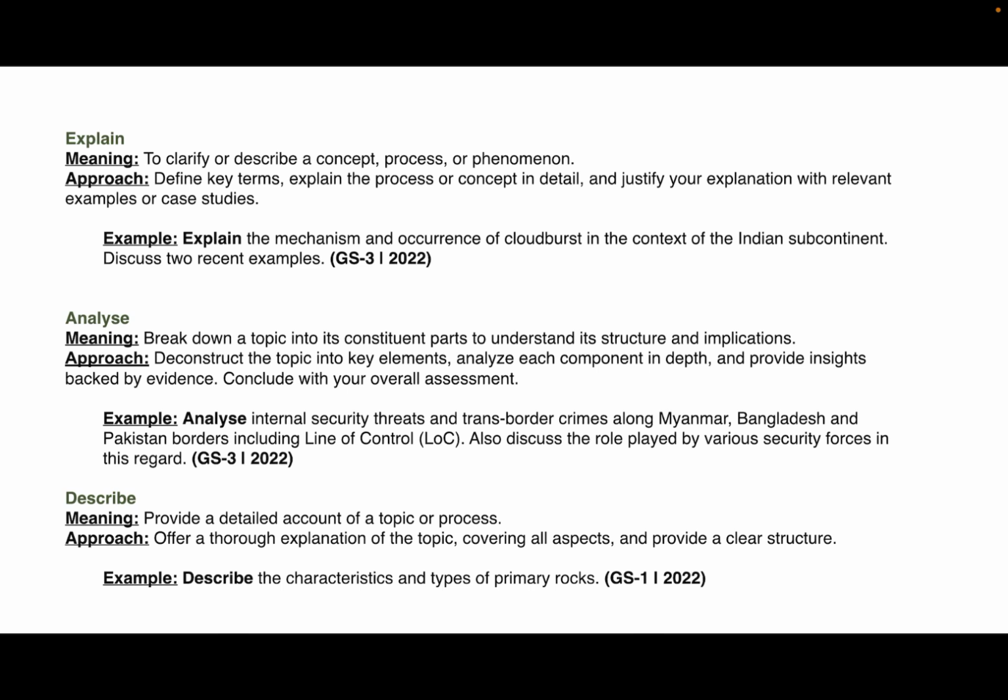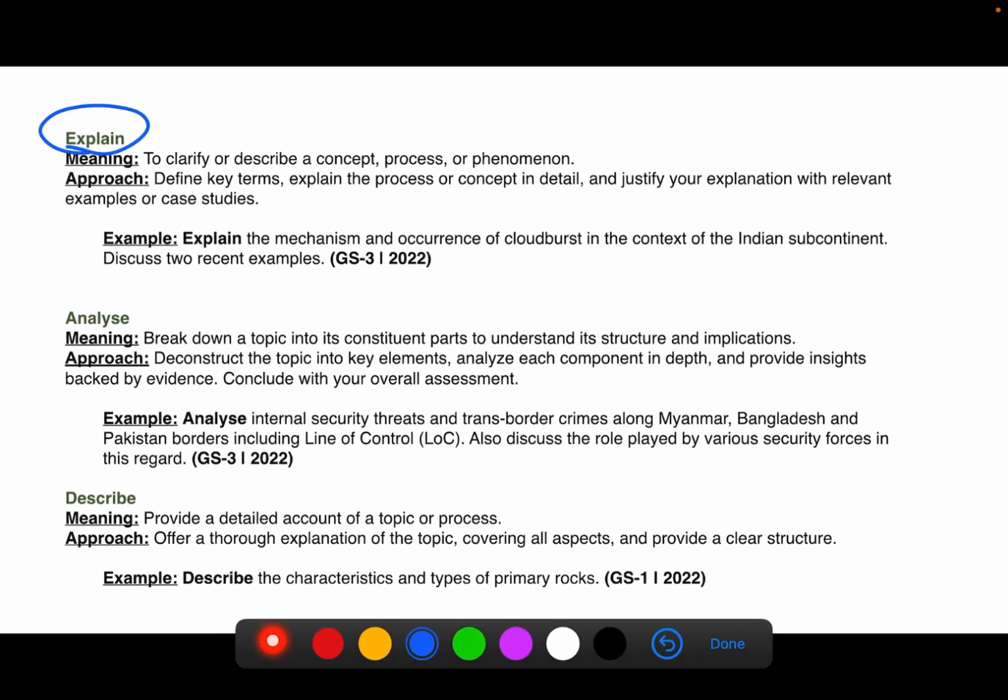Next, the third one is explain. This is also a very simple one. We need to have a logical and sequential explanation of the given question. See, in the given example, it is clearly asking about the mechanism and occurrence of cloudbursts in the context of the Indian subcontinent.